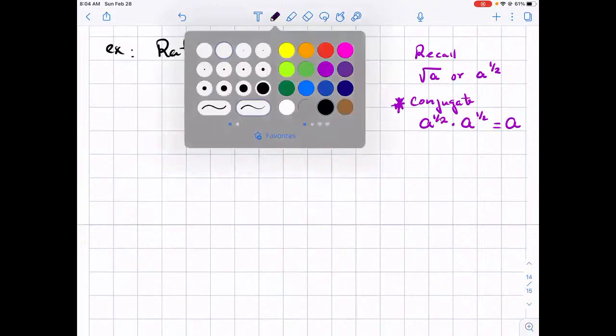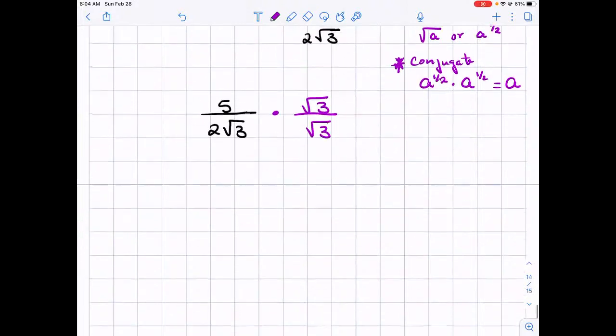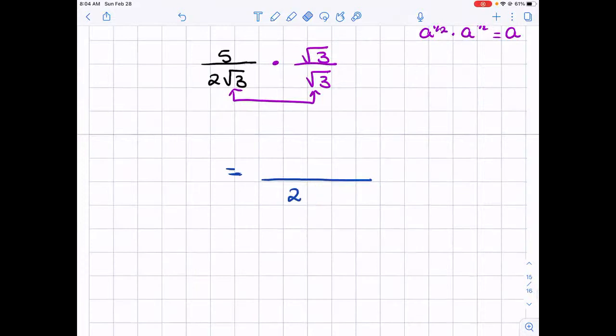So if we have 5 over 2 square root of 3, we're going to multiply by the conjugate, which is thus root 3. When you multiply these two things, the denominator becomes 2 root 9. Or better yet, I don't even like writing root 9.